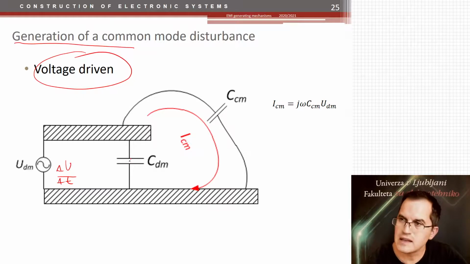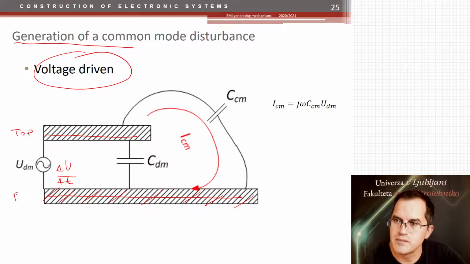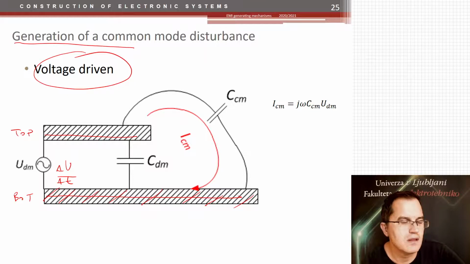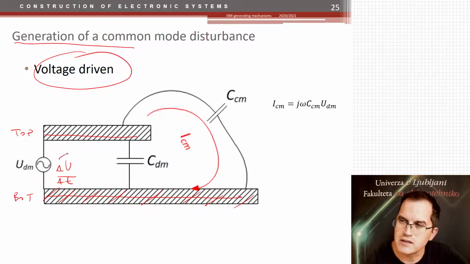And let's say this is a bottom track of your PCB, and this is the top track. This may also be a ground plane, and this would be a track on top. Now these two copper areas, the top layer and the bottom layer, have a common capacitance between them because they are close to each other. And actually this differential current then runs here.